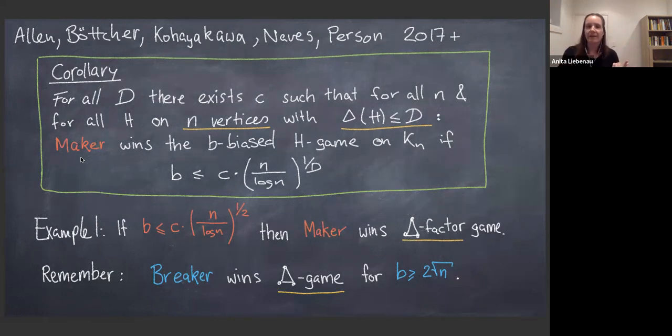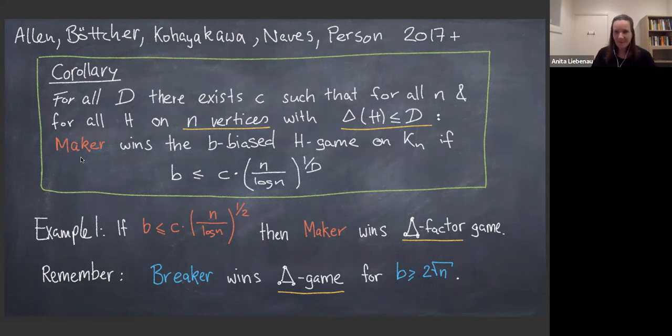And that's quite amazing because we have seen that root n is just a bound for Breaker, or 2 times root n is a bound for Breaker to win the triangle game. So for b at least 2 root n, Breaker can prevent any single triangle in Maker's graph. And if you go down by a square root of log factor, then in fact Maker has a strategy to even claim a triangle factor.